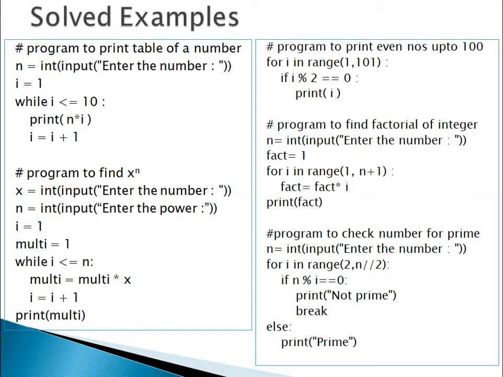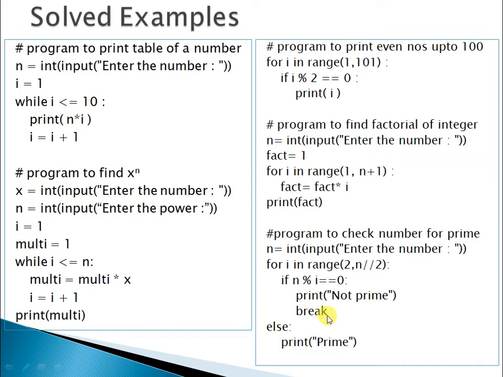If it has been divided by 2, you should stop because 8 is not prime. You should not go forward to 3, then to 4. It is a waste of time. So as soon as your number is fully divided by any number between 2 to n by 2, you just print not prime and break out.